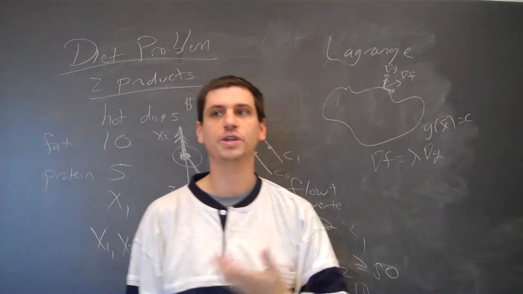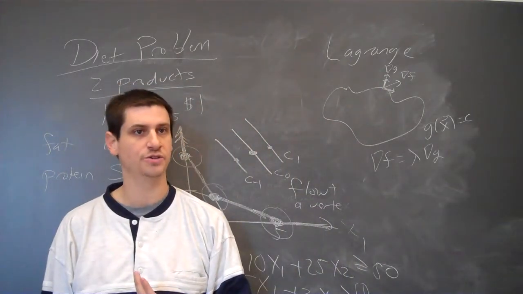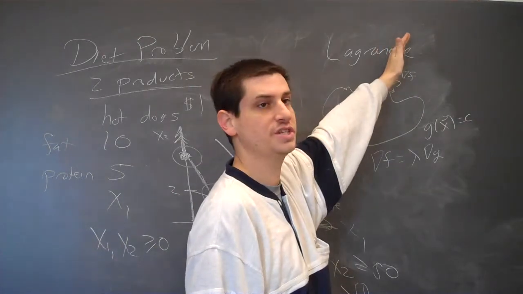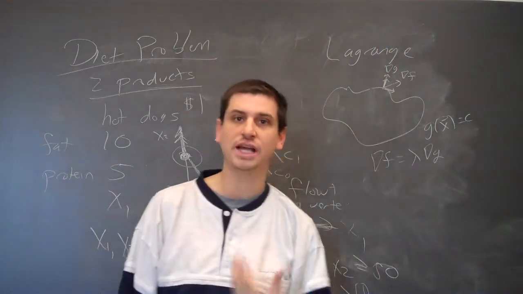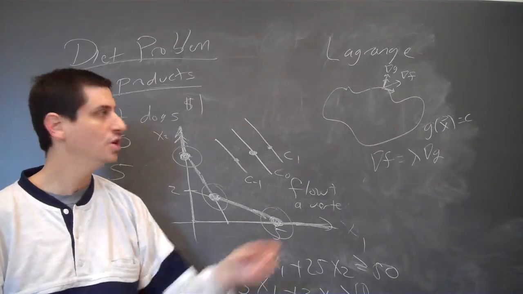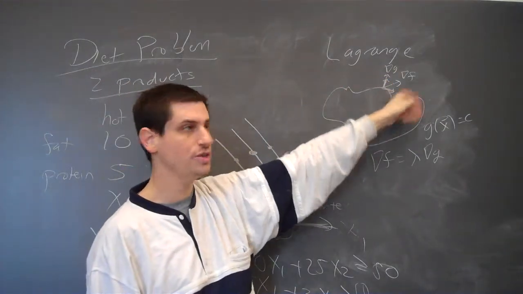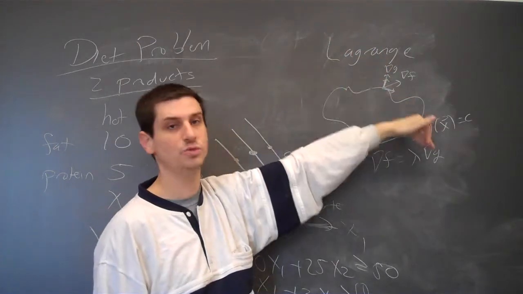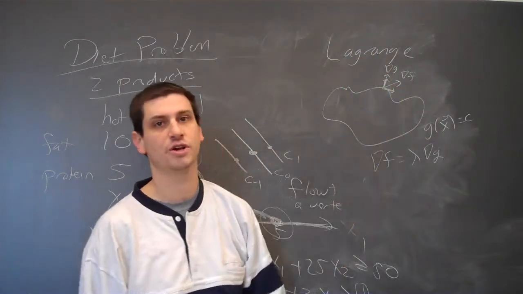So the gradient of f is pointing in the direction of maximum change of your function. I want to go straight up, for instance, if the gradient is pointing in the same direction as the gradient of g, but if that's not allowed, I have to stay on the surface. So if I move in this direction, I'm going to be increasing. If I move up, I'm going to be decreasing. So if I want a maximum, I actually want to keep flowing in this direction.